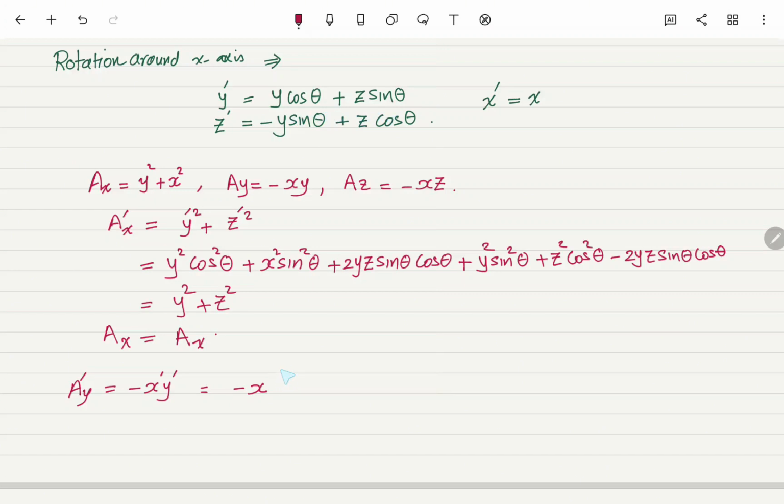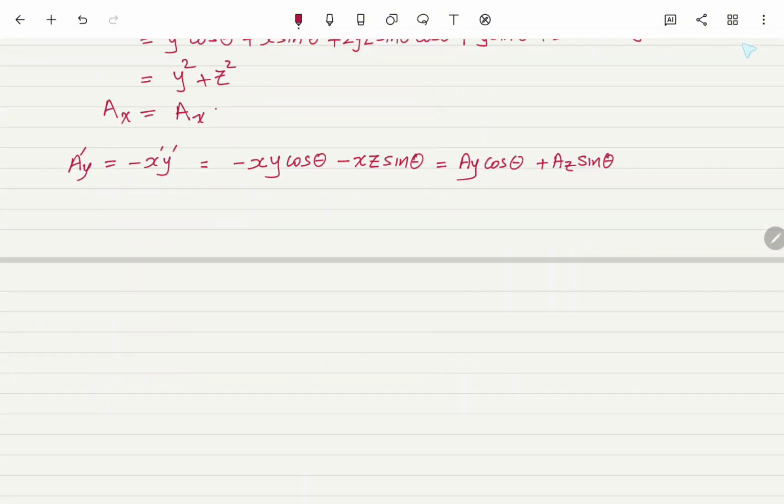So it's equal to y cosine theta minus xz sine theta, or it's equal to ay cosine theta plus az sine theta. Therefore, ay prime transforms in the same manner as y prime.